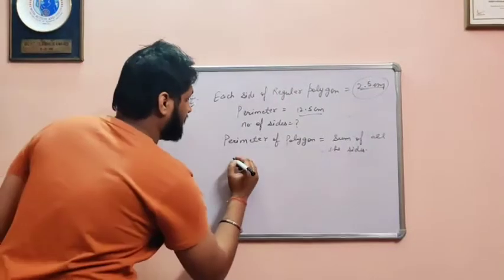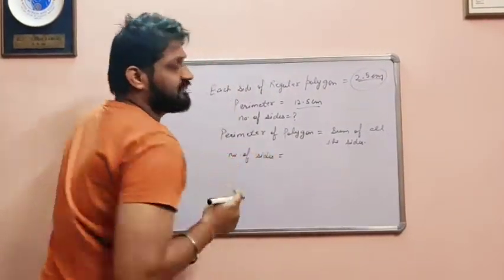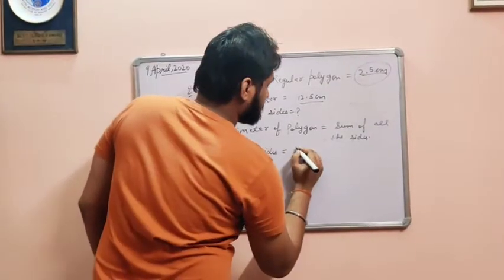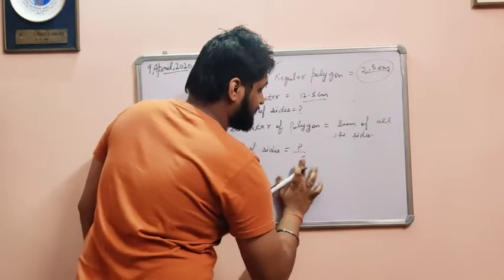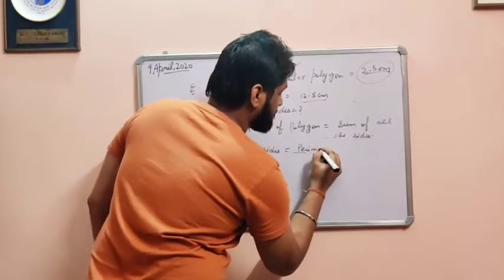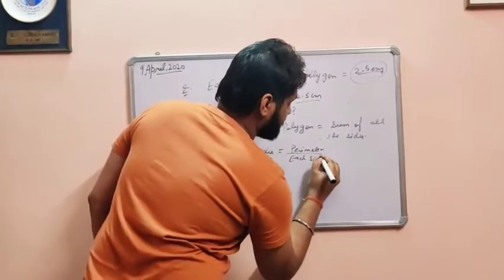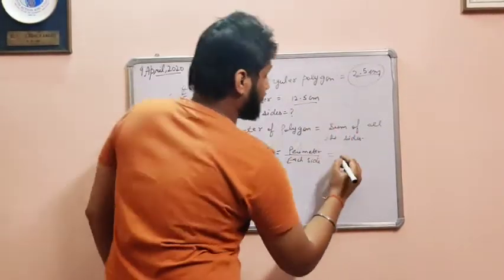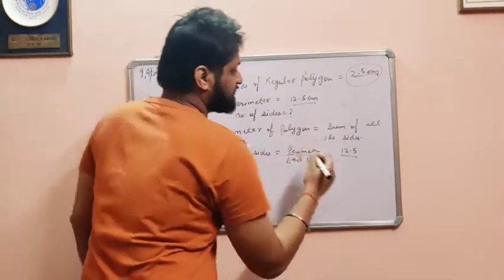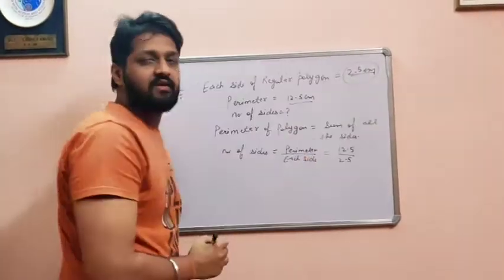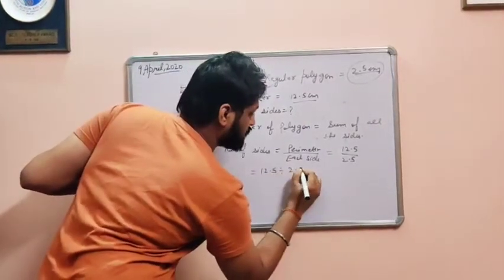If we have to find number of sides, then what we have to do, we have to divide the perimeter by each side. You can say perimeter divided by each side. So perimeter is 12.5 divided by each side is 2.5. So what we have to do here, 12.5 divided by 2.5.